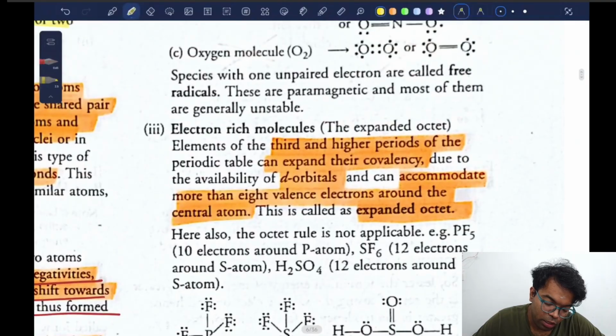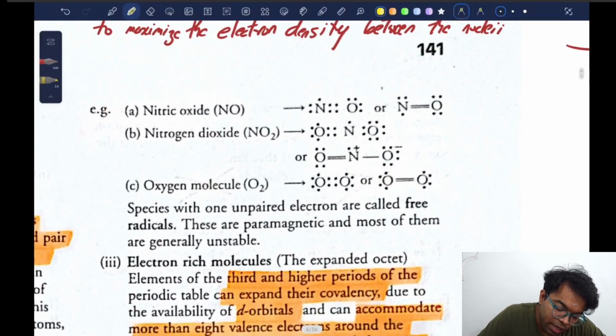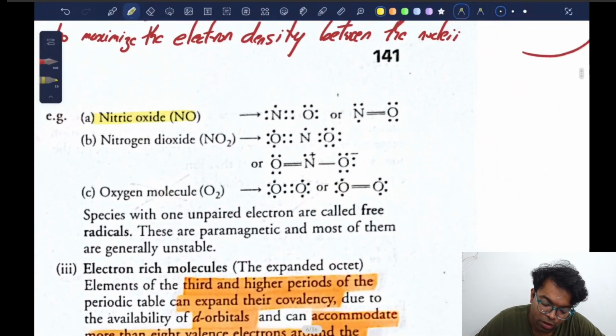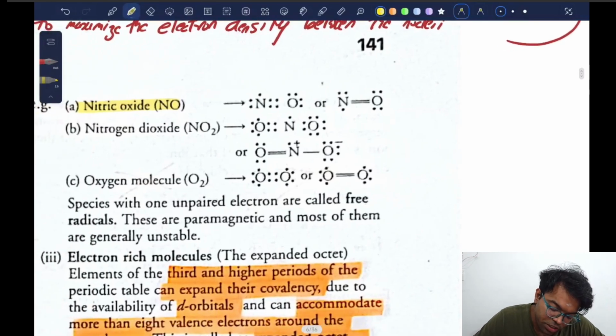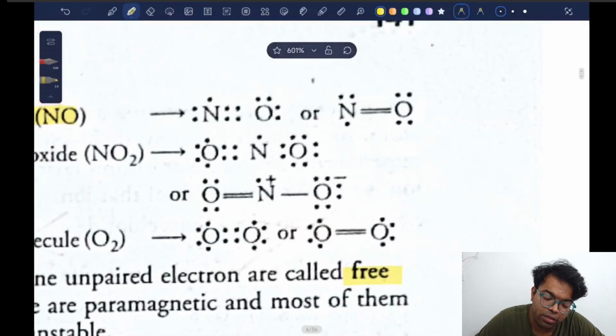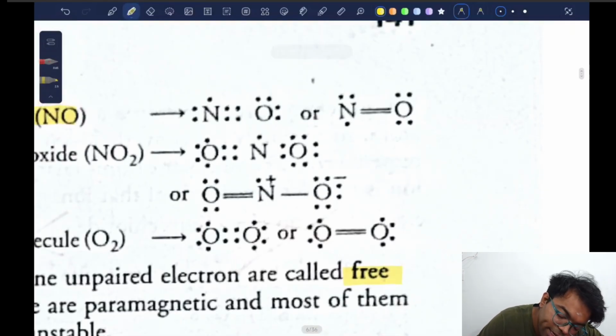Okay, now look at this. For example, nitric oxide, NO. What is happening here? Species with one unpaired electron are called free radicals. Okay, let's look at this. How many electrons does nitrogen have, Drupad, after forming the bond with oxygen?